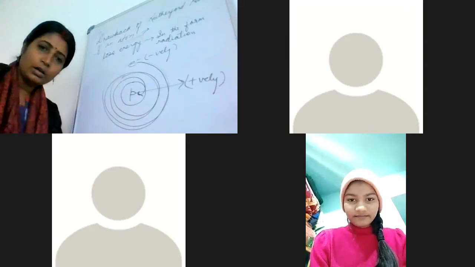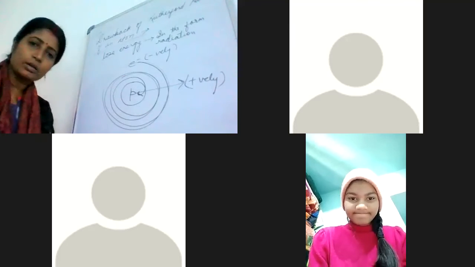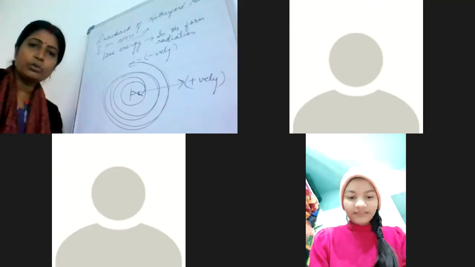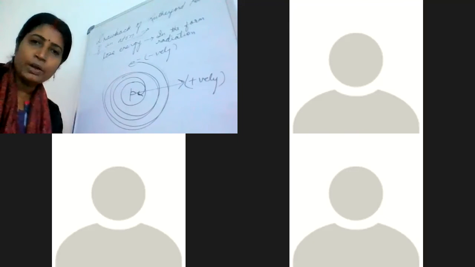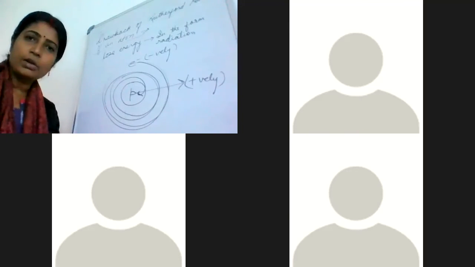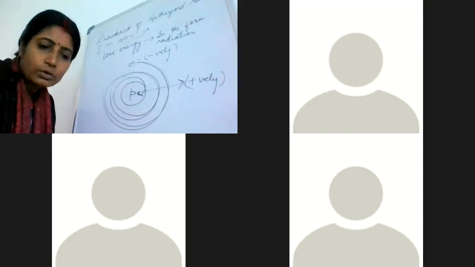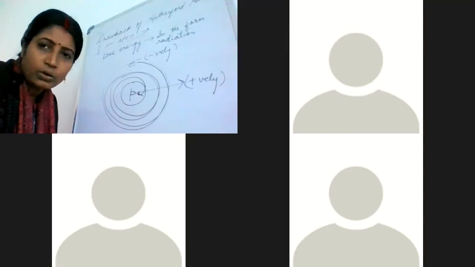Very good. Thank you, all of you. Thank you very much. You have tried your best and you have said very well. So I think this point must be clear to everyone. Is this point clear to all? Yes, ma'am. Okay. One minute.